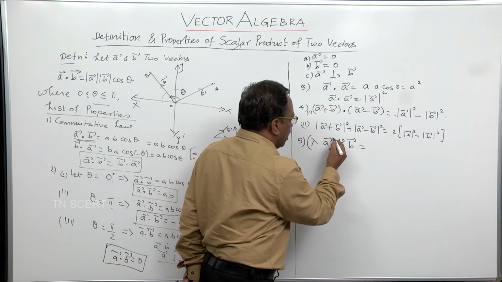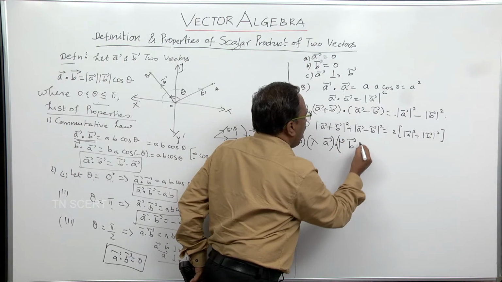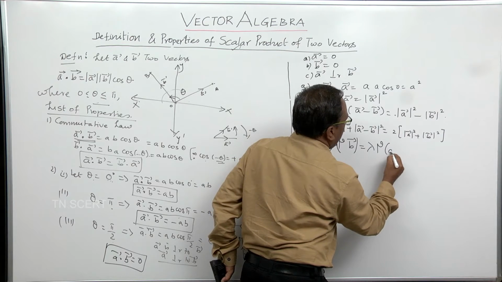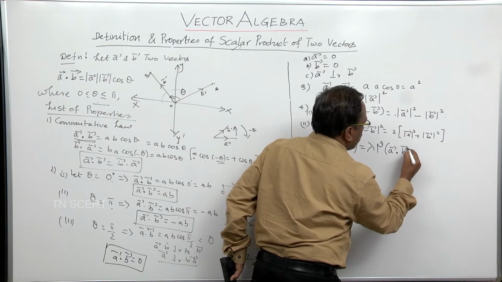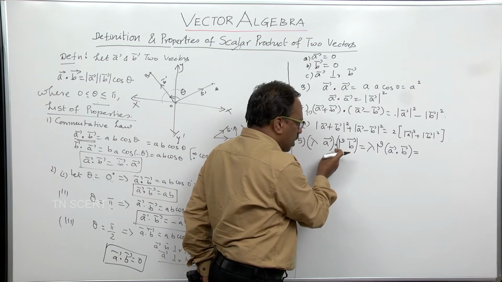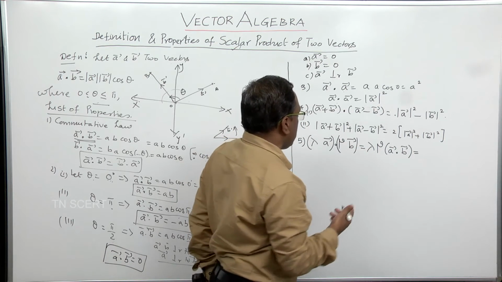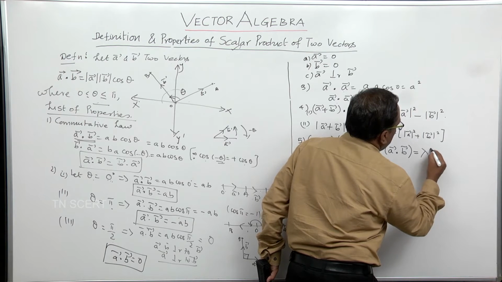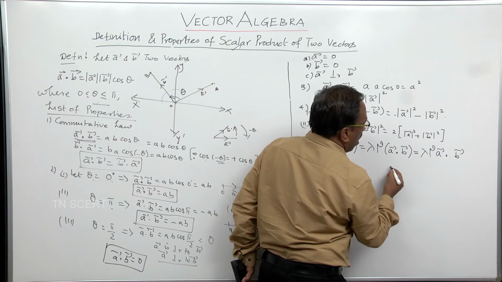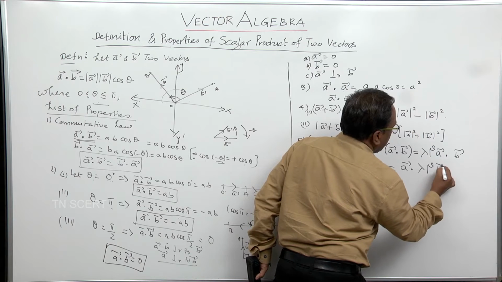By multiplying the scalars, that means lambda mu A vector dot B vector. In this way we can also write: lambda A dot mu B is lambda mu A dot B, or in other words lambda mu A dot B or A dot lambda mu B.